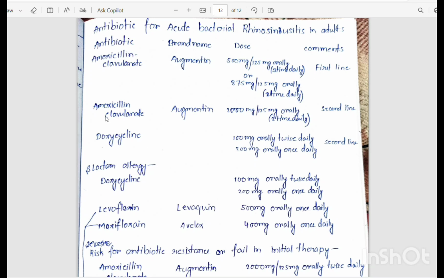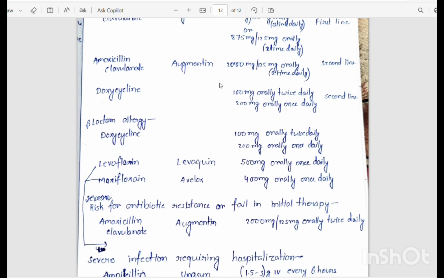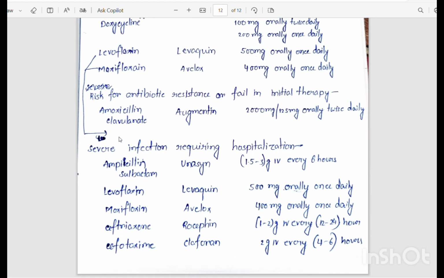Then amoxicillin plus clavulanate, brand name Augmentin, 2000 mg to 125 mg taken orally 2 times daily. Then doxycycline, 100 mg orally 2 times a day, or 200 mg orally once daily.